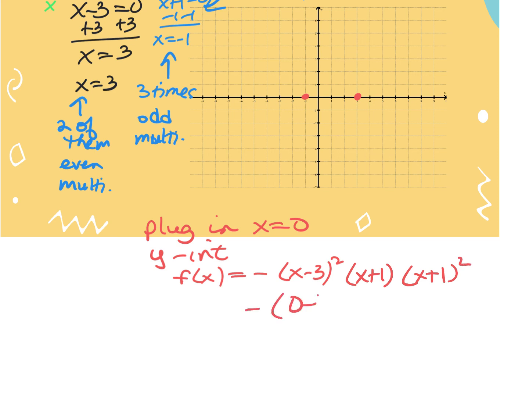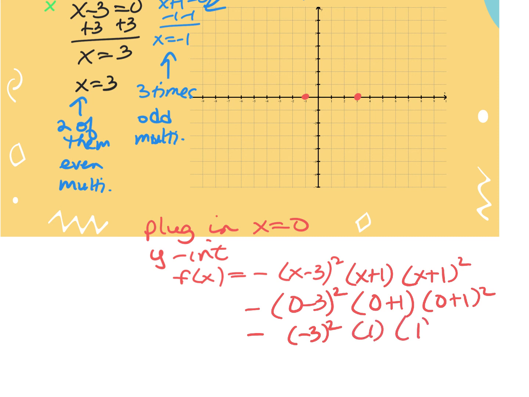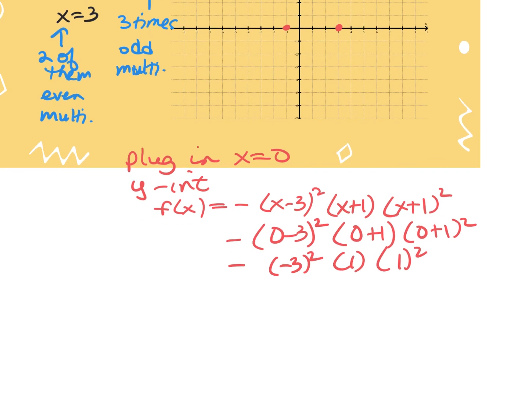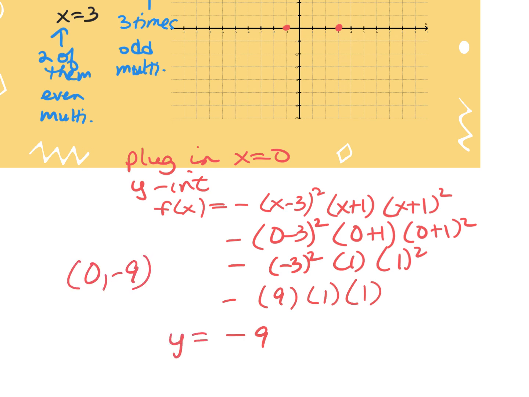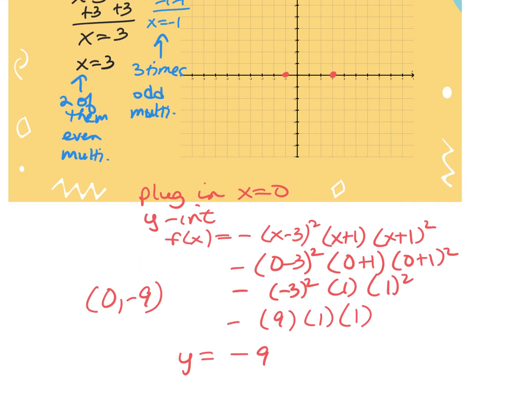So put in a 0 every place that I see an x. This gives me negative 3 squared. This is a 1, 1 squared. So this just gives me 9, 1, 1. So it's y equals 9. So my y-intercept is at negative 9. So I'm going to put that way down here.